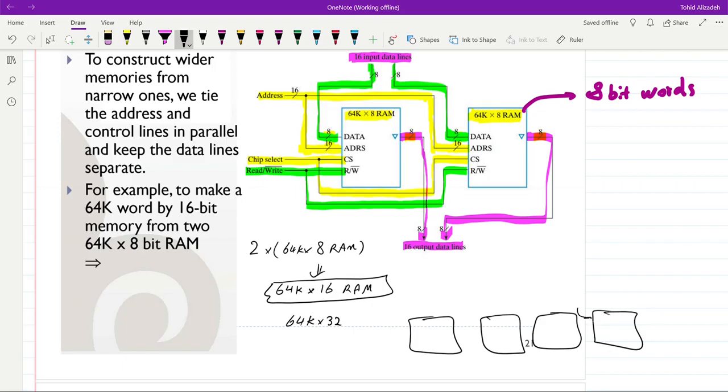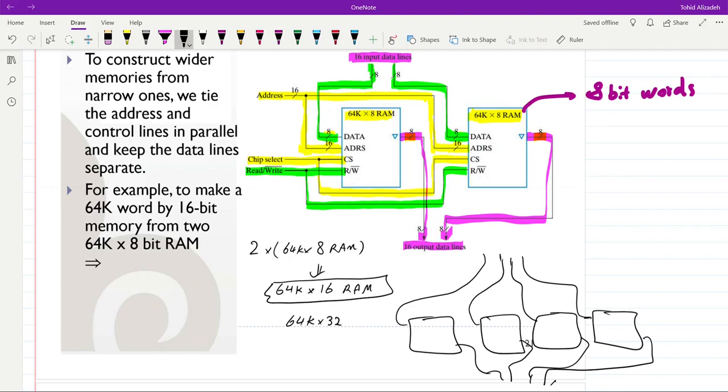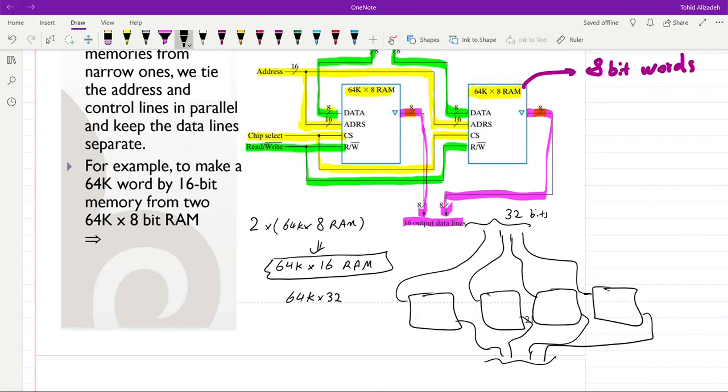But in terms of the data input and data output, they would need to be combined with each other in order to give us 32 bits. So this should give you the general image of how expanding the width of the memory will happen.